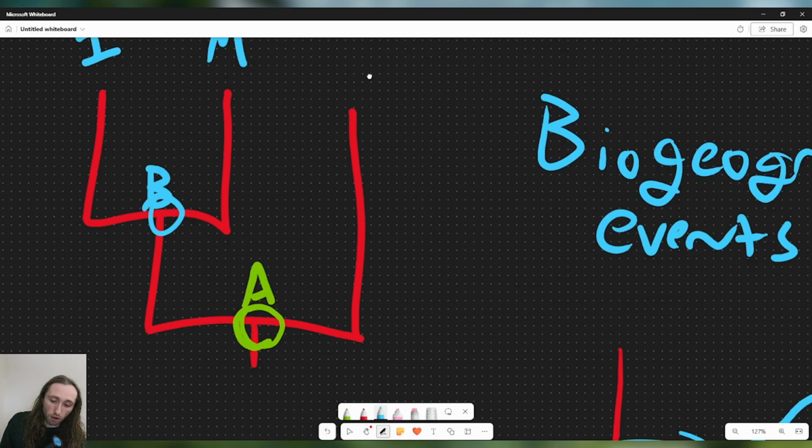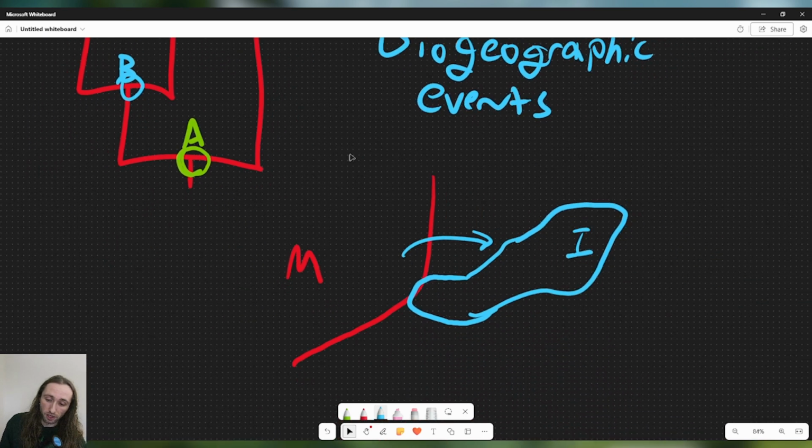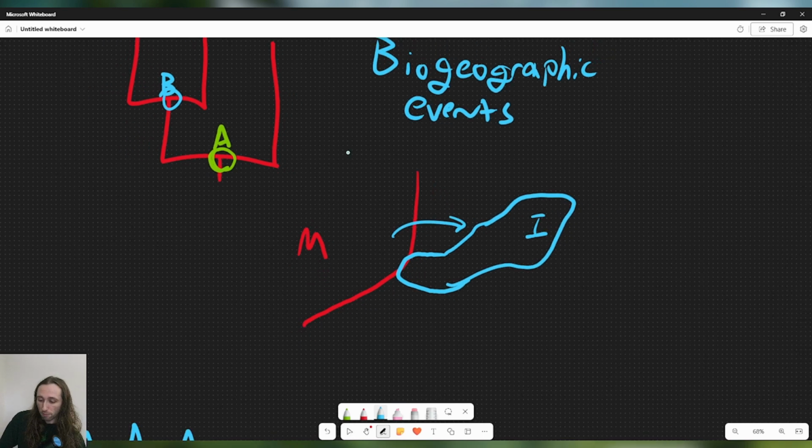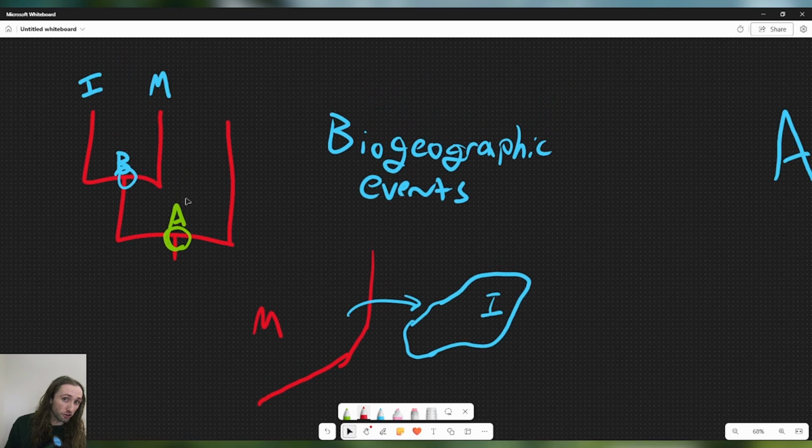And you know that the last time the island was cut off was maybe a million years ago. So maybe you know that a million years ago it looked more like this, and we no longer have the dispersal between mainland and island. You can use this as another calibration point along with your fossil evidence.